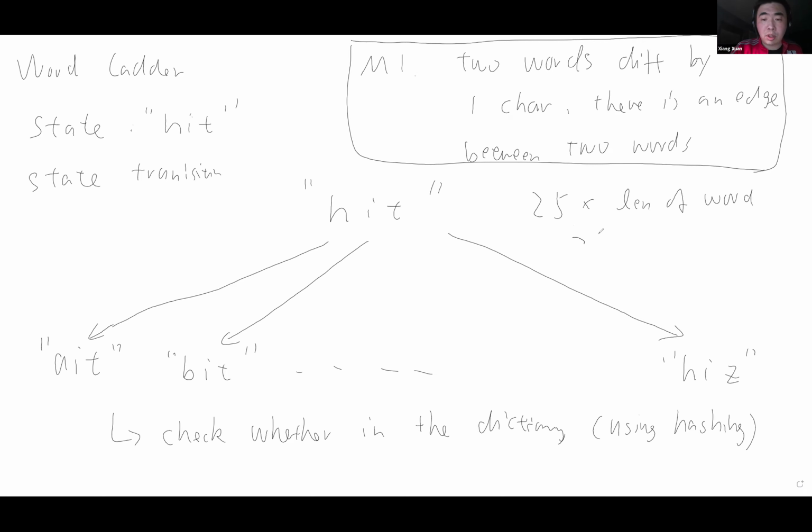In this case, it's 25 multiplied by 3, which is 75. So this is the number of possible neighbors for this particular vertex. In graph theory, we also call this the fan-out. Suppose I call it K. The fan-out is K.